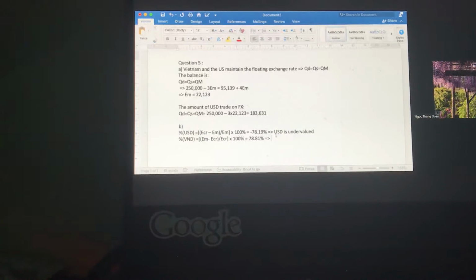That corresponds to the devaluation of the Vietnamese currency. And if tomorrow the central bank decreases the central rate to 22,000 đồng, we call that revaluation, because it is an increase in the value of the Vietnamese đồng.